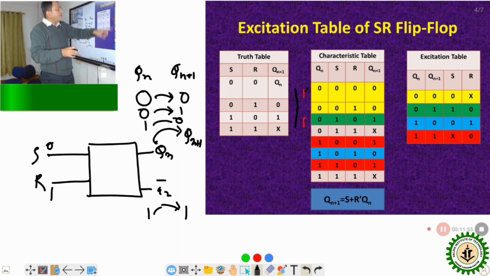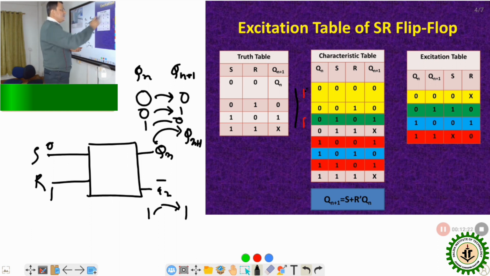To find this, we have to check the first column and the last column, Qn and Qn+1. Where is 0 in the first column and 0 in the last column? This is one, and the second one is the yellow second row. This is 0, this is also 0. So it is transforming from 0 to 0.